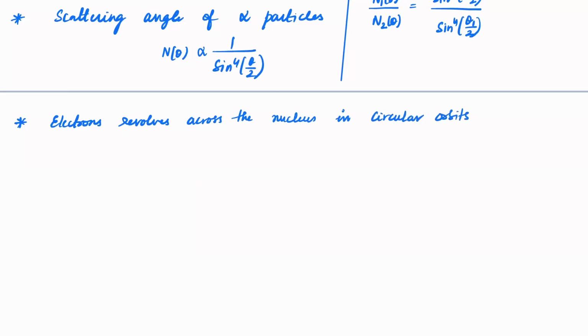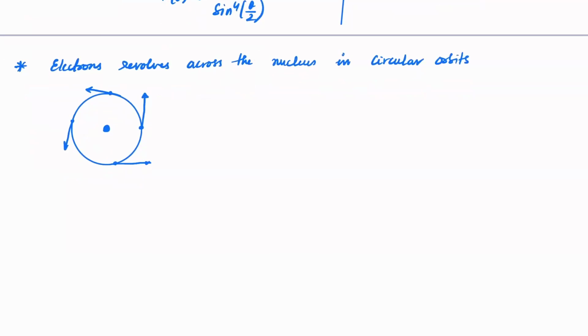When it comes to circular orbit, this is typically what I meant. This is the nucleus. Electrons are moving, having this particular direction at every different point. It is moving in circular motion. But this is where the next important theory comes into the picture.